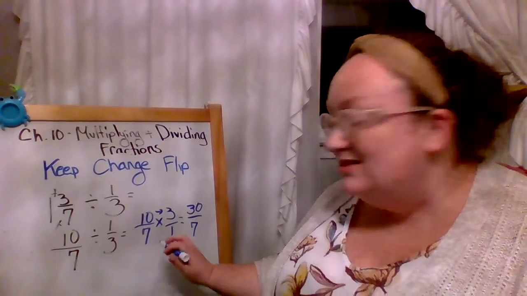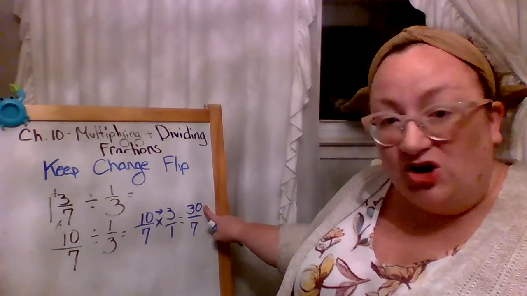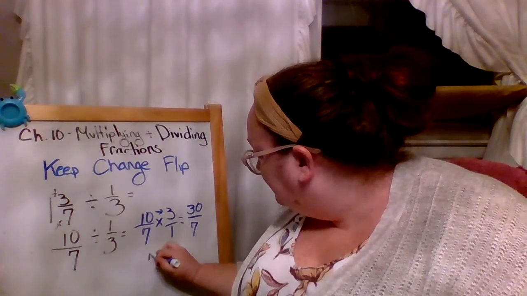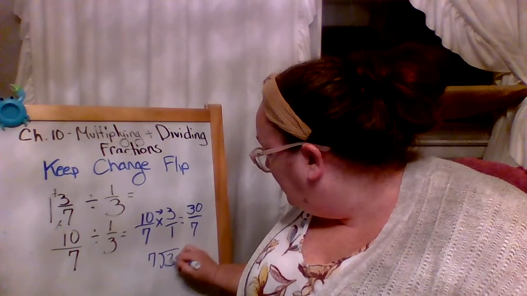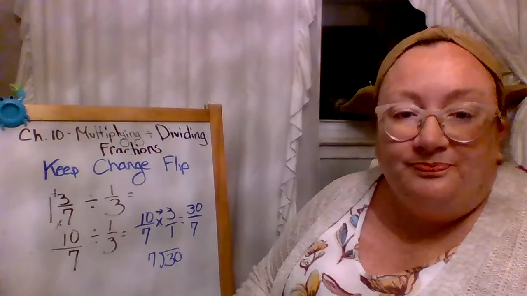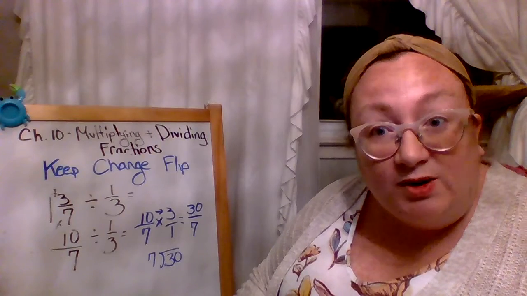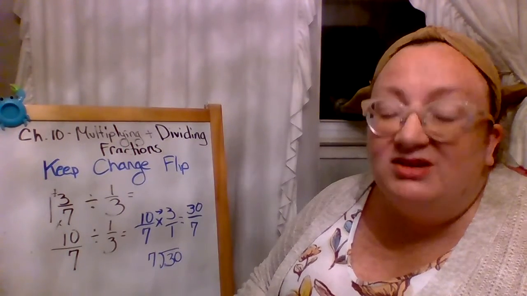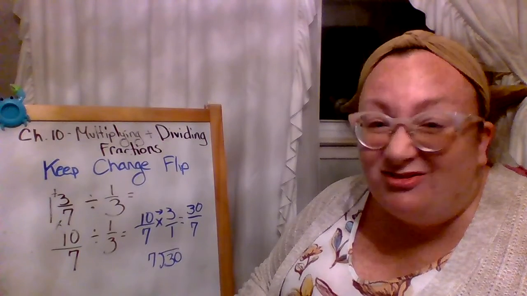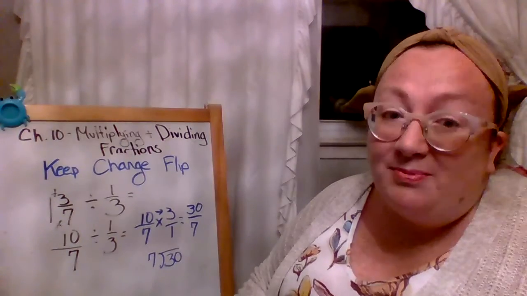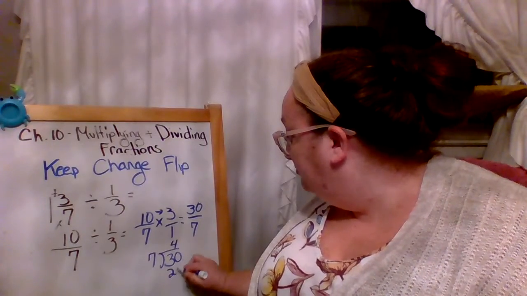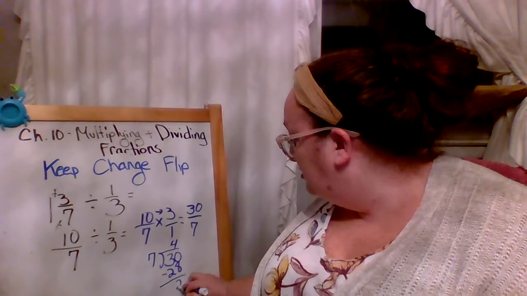All right, so now I have to divide. 30 divided by 7. So 7 goes into 30. Well, I know that 7 times 4 is 28 and 7 times 5 is 35. 7 times 5 being 35, it's too big. Can't use that one. But I can use 7 times 4. So 7 times 4 is 28. Subtract, gets 2.